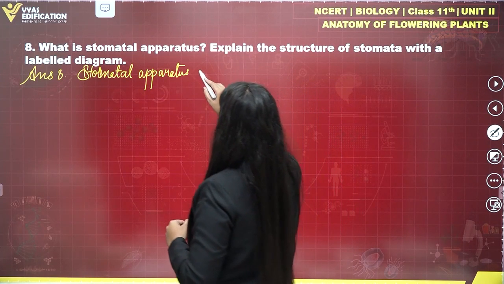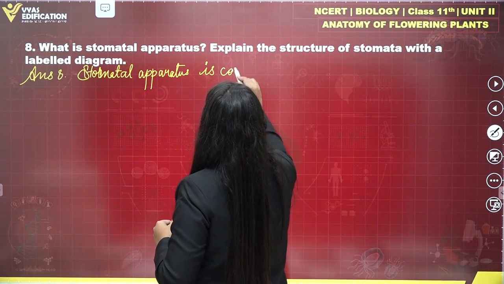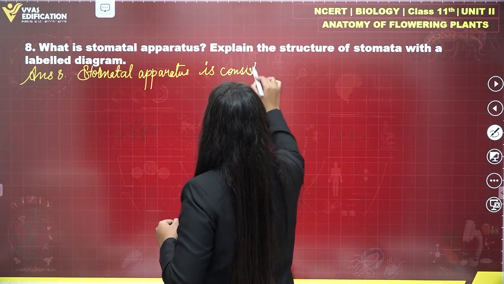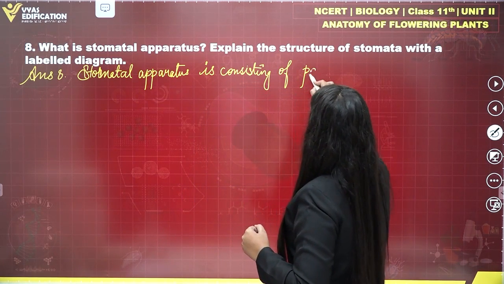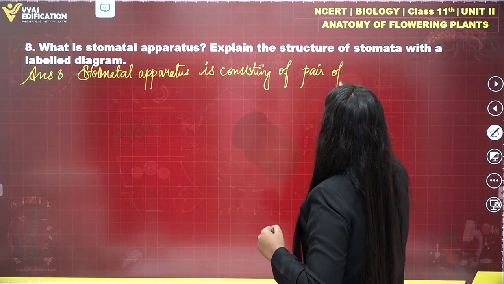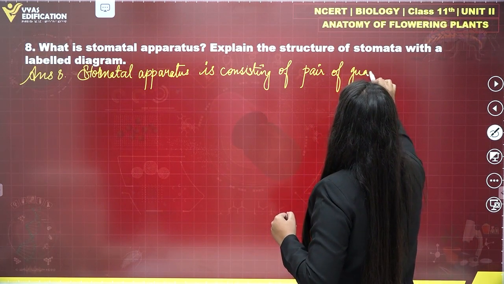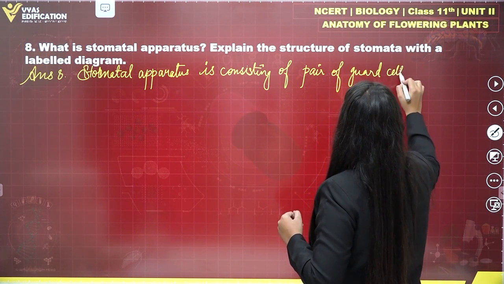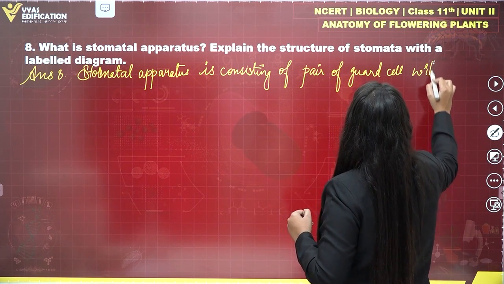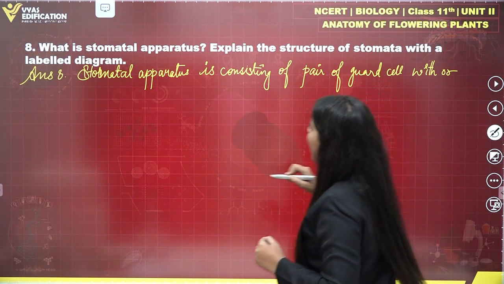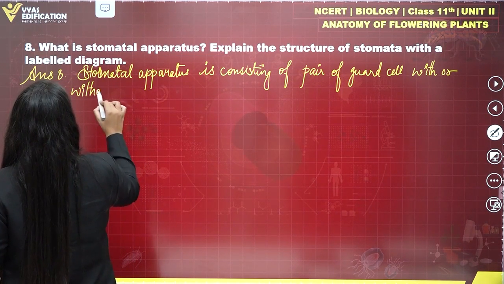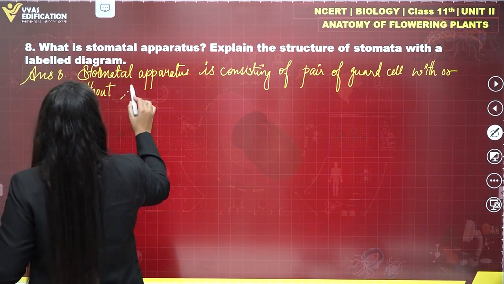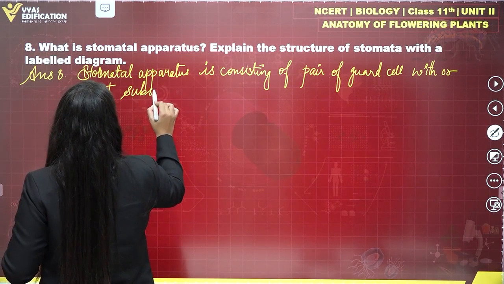Stomatal apparatus is consisting of a pair of guard cells with or without subsidiary cells.